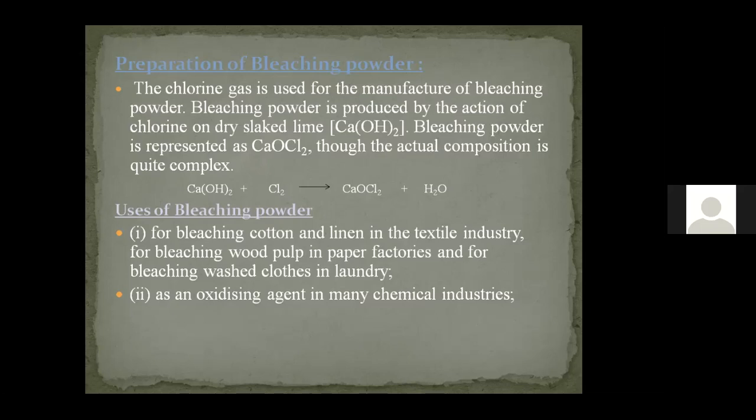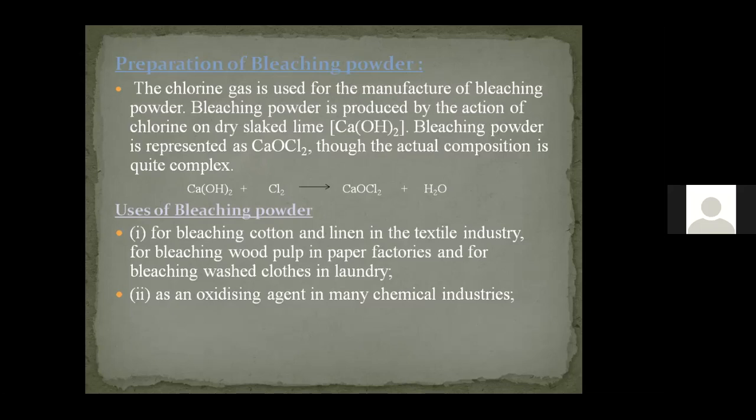For the degradation or decomposition of that material, we need oxygen. That oxygen is provided by the oxidizing agent, and bleaching powder, whose formula is calcium oxychloride, contains oxygen in it.